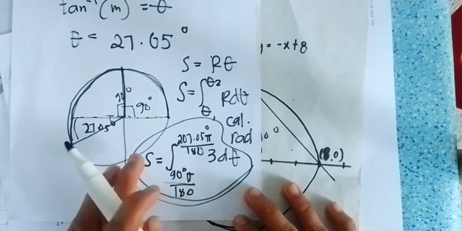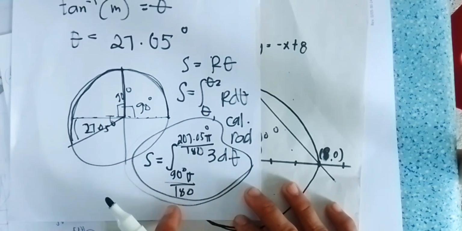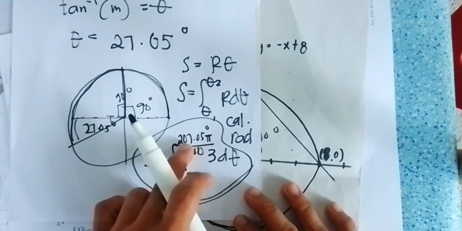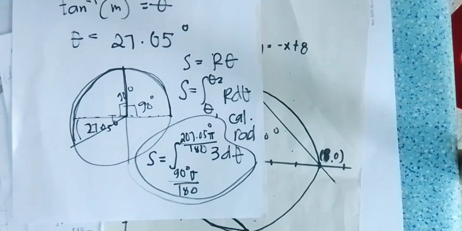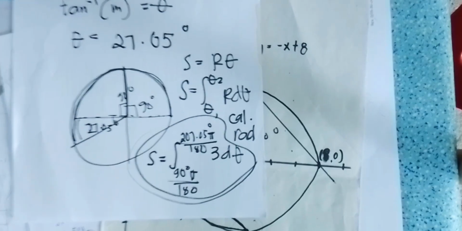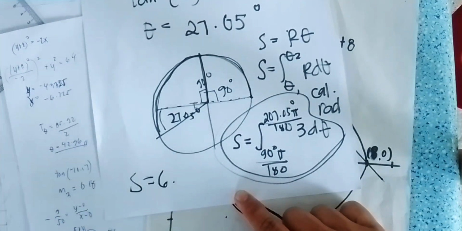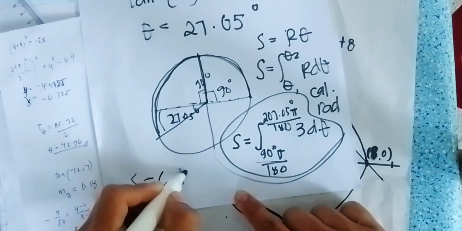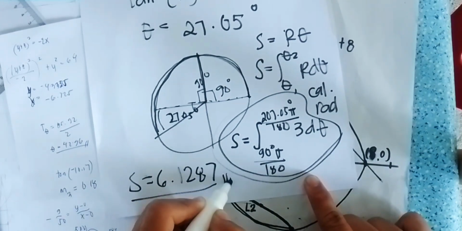That is the integral of 3 d theta with lower limit 90 degrees times pi over 180 and upper limit 207.05 degrees times pi over 180. So computing for that, we'll get an arc length equal to 6.1287. Okay, so this is your arc length in units.